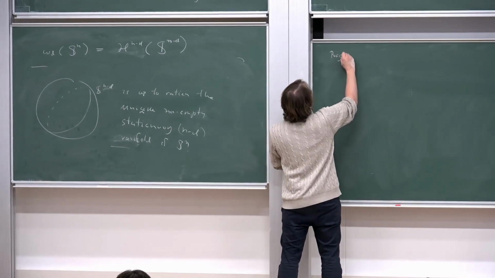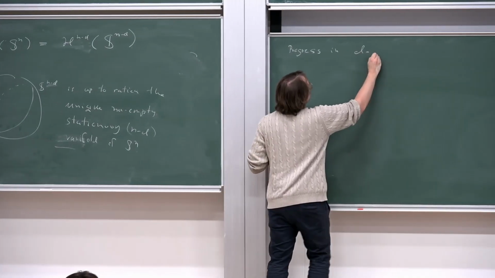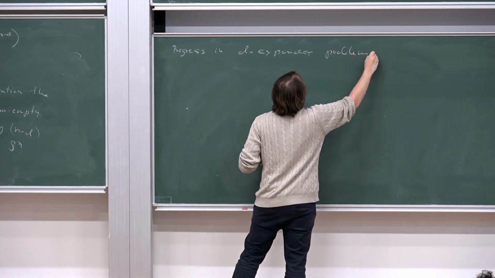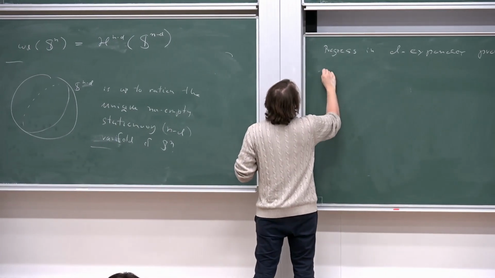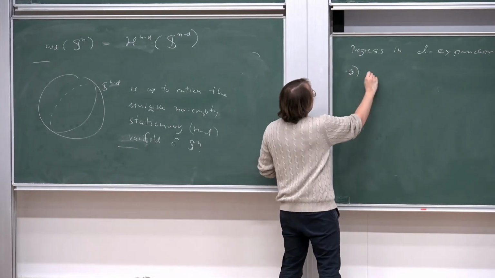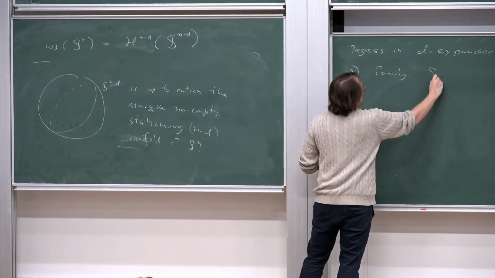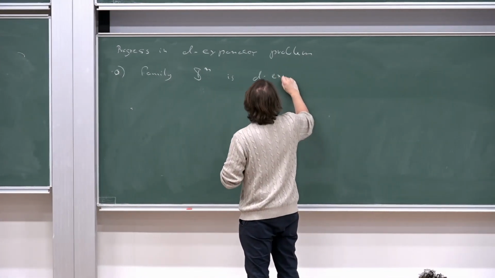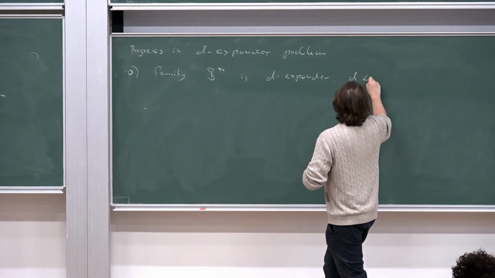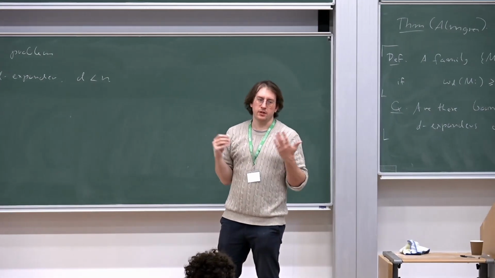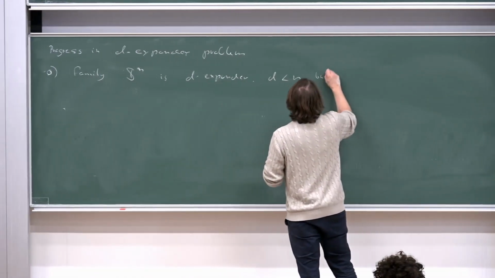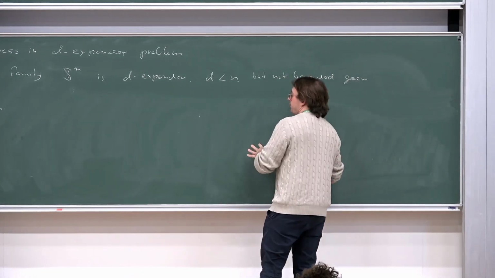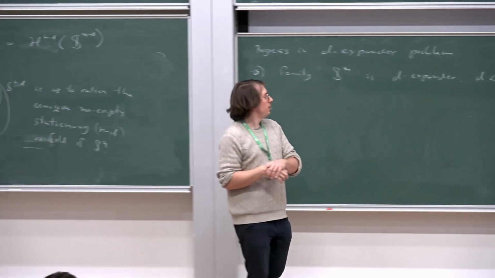So, progress in the expander problem. First, maybe 0: the family of spheres S^n is a d-expander for d less than n, but it's not of bounded geometry, because as you increase n, the dimension changes.